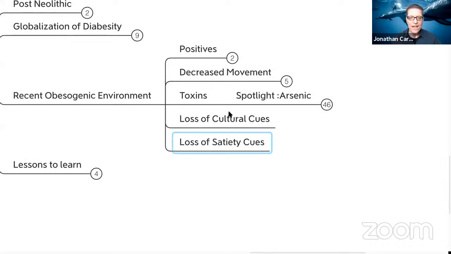And then finally, we spoke about cultural cues. But additionally, I want to speak about some other cultural cues, and that is that different cultures have different ways of eating, different paces of eating. They have family dinners where people are sitting and enjoying conversation, and nowadays people are sitting in front of the TV where they lose cues to when to stop.